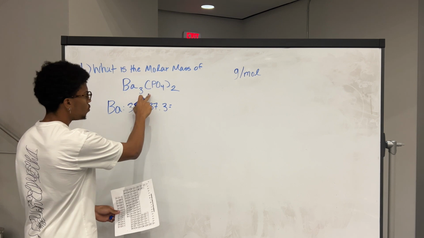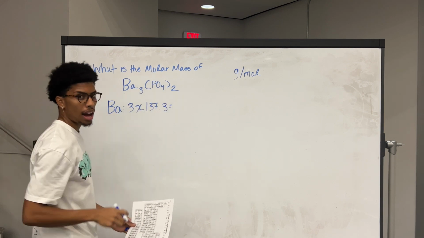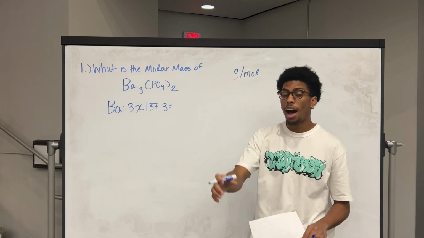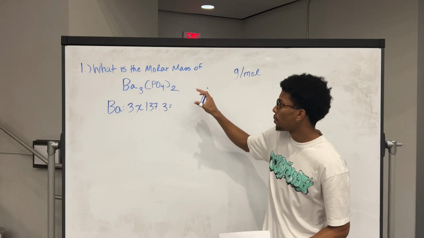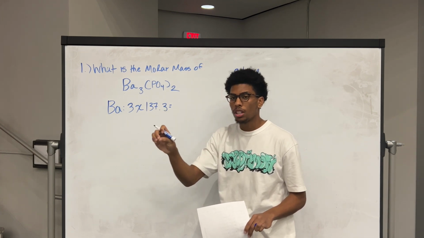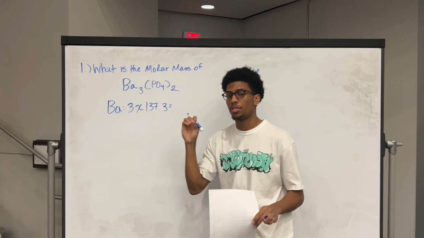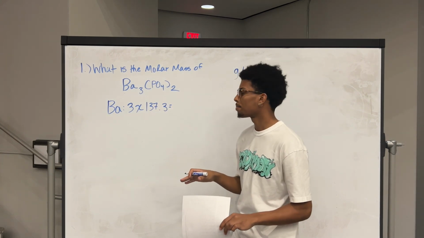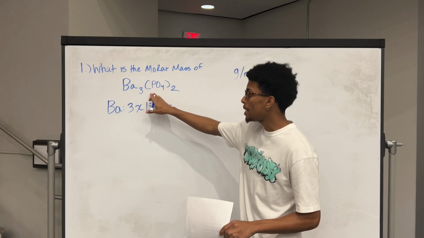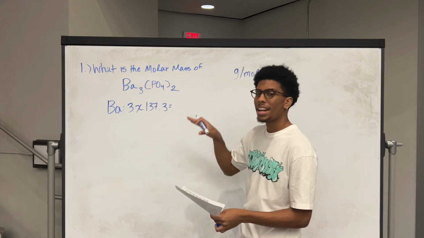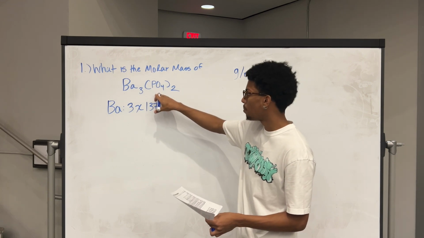Now, let's move over to this polyatomic ion. In most cases, you're never gonna split up a polyatomic ion. But for these type of problems, when you're solving for the molar mass, you wanna look at each individual element to quantify the entire molar mass of the compound. And so we're gonna break up this polyatomic ion into separate elements. So first we have phosphorus, P. Again, we can find the mass of phosphorus on our periodic table, but how many do we have in this problem?